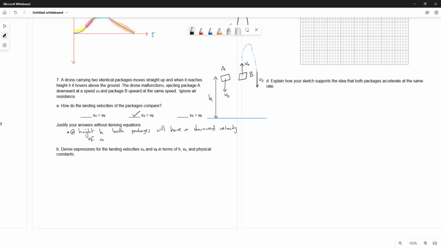And they both travel the same height, so they both would hit the ground with the same velocity due to acceleration of gravity. So that's the point that you want to make sure you make, that the velocity at height h for both is going to be v naught downwards.